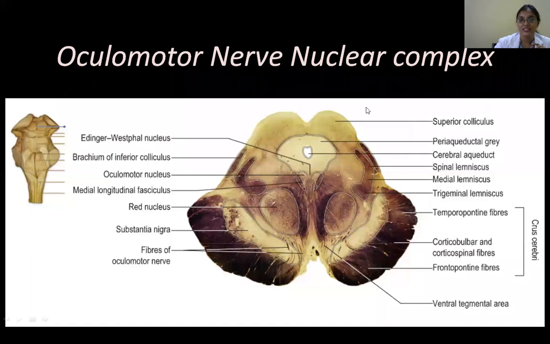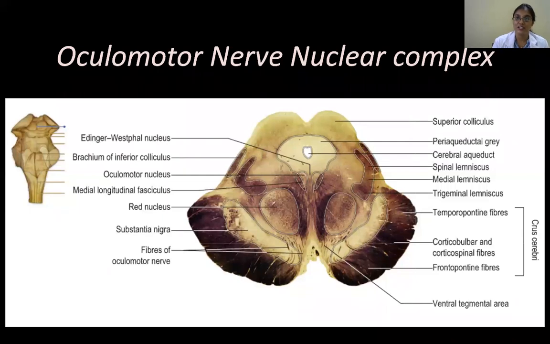Why did I say this? If it is trochlear or abducens, it's just giving out somatomotor axons, that's all. But with the oculomotor, there are somatomotor neurons as well as visceromotor neurons, so they are divided into two different populations, one for this and the other for this. Again, the somatomotor nucleus is in different parts: one sends fibers to the medial rectus, another to the inferior oblique, another to the superior rectus.